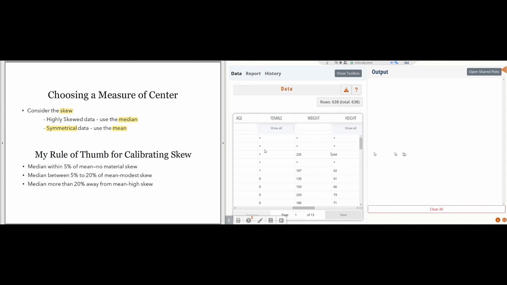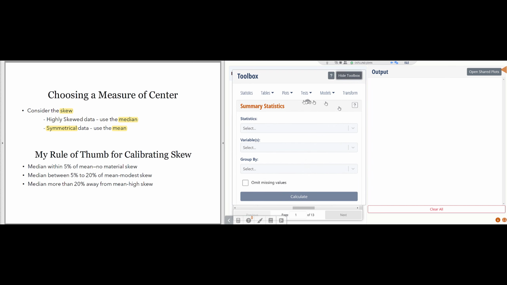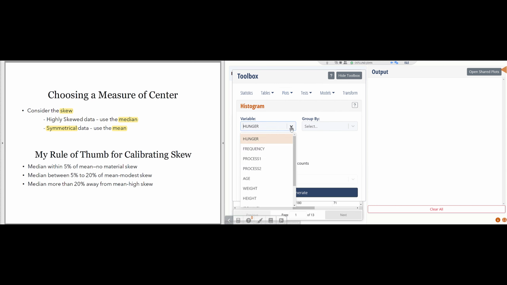All right, so let's take a look at our histogram of the weights of people in our fast food study. Show the toolbox. Do a histogram plot of weight.